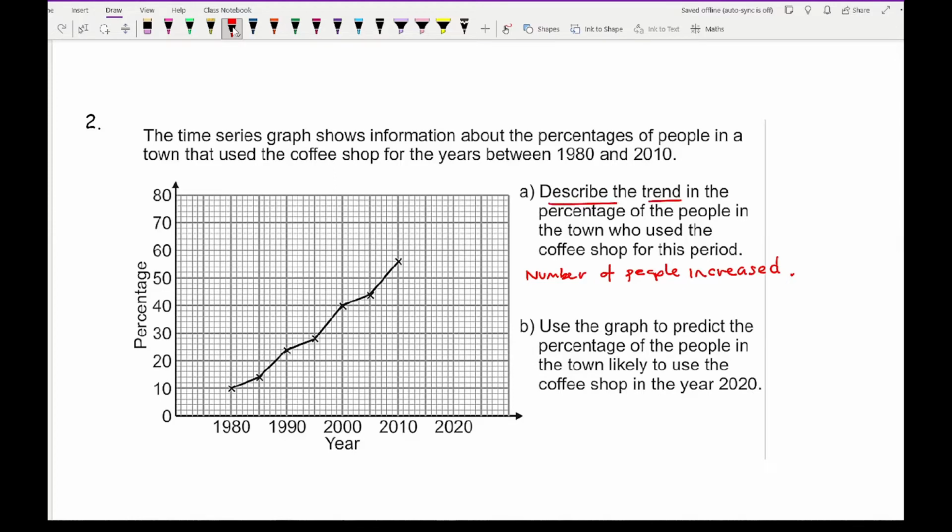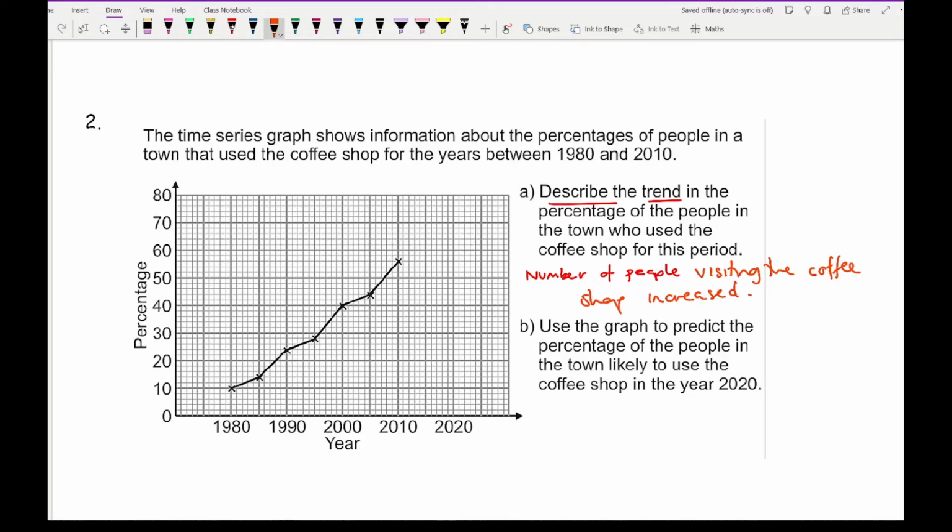So you wouldn't say an upward trend for this particular question, you would say that the number of people increased, or the number of people visiting the shop, I should say. So the number of people visiting the coffee shop increased.